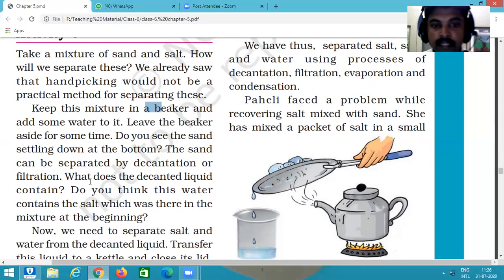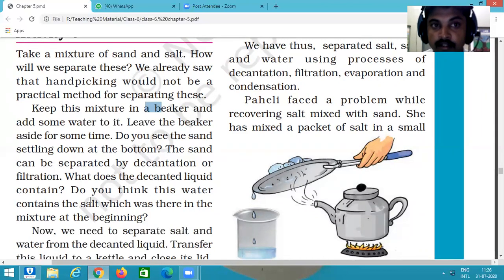So here we have already studied two methods. First, when sand particles settle at the bottom, this process is sedimentation, and the liquid which forms its own layer is separated by decantation. Then the solution, what do you think? Is the water we get pure water, or were any other things dissolved in this water?